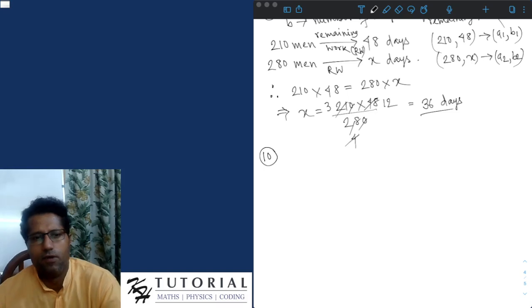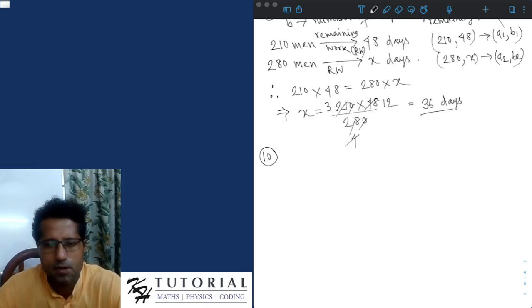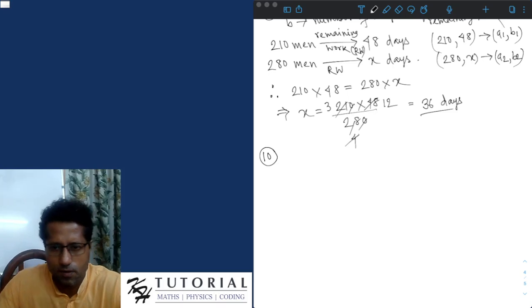So definitely if the food has to last for 30 days, then the number of men has to be less, which means some men have to be transferred somewhere else.